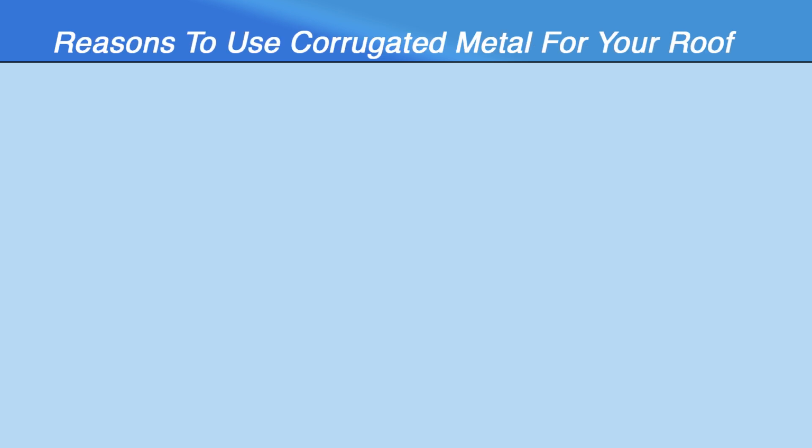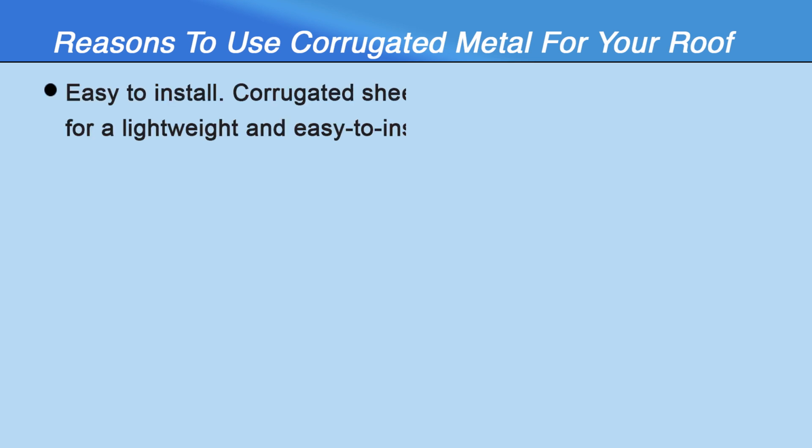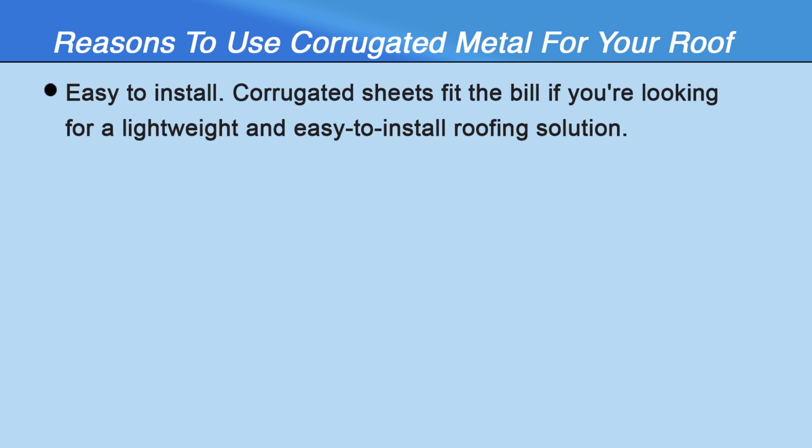The reasons to use corrugated metal for your roof. These are a few reasons. First, it's easy to install. Corrugated sheet fits the bill if you're looking for a lightweight and easy to install roofing solution. It stands up to adverse weather conditions.